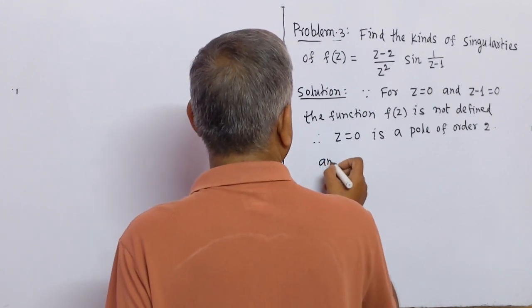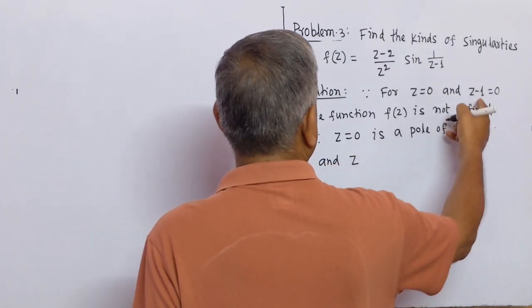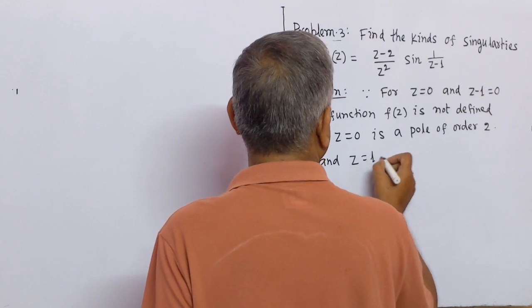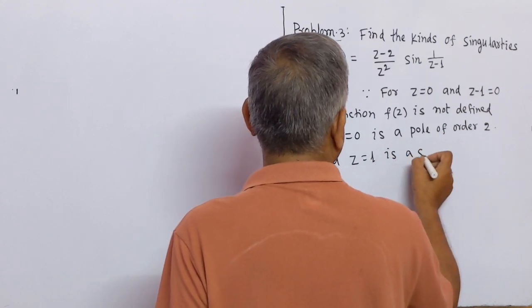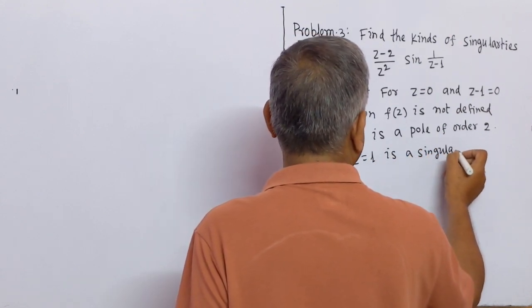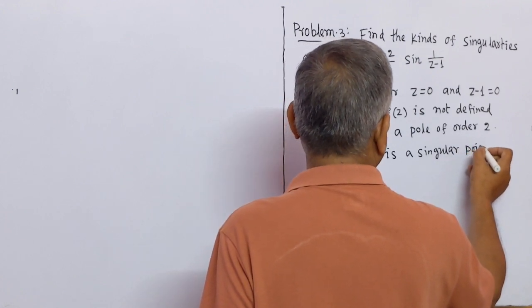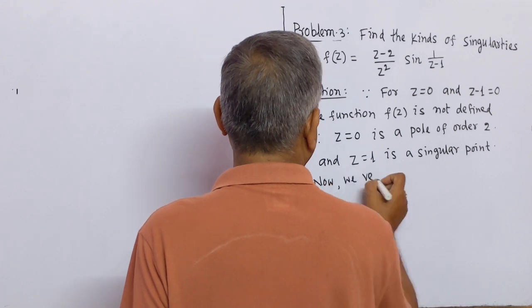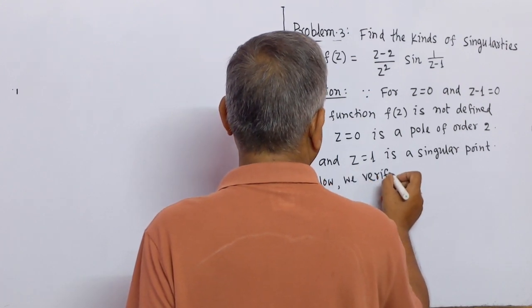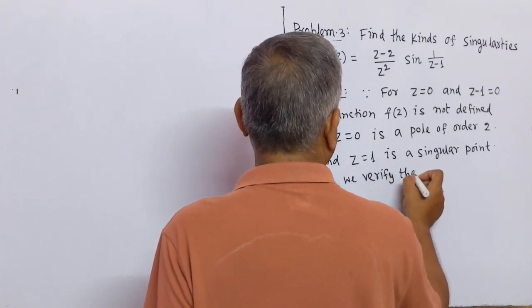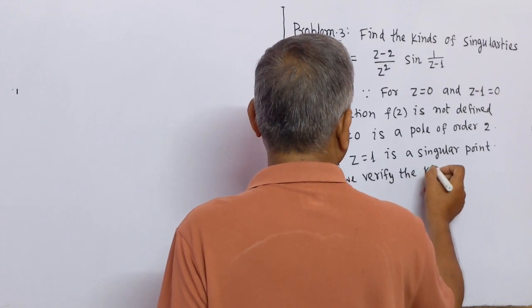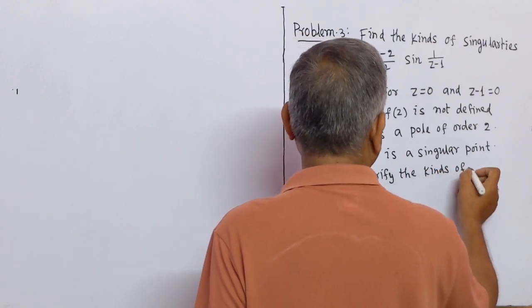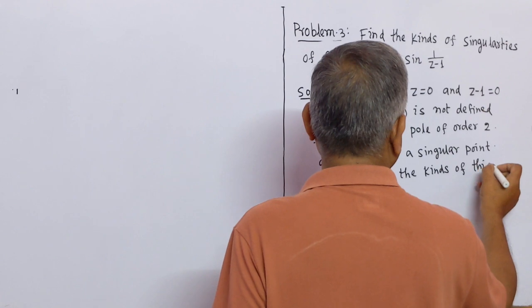and here z = 1 is a singular point. Now we verify the kind of this singular point.